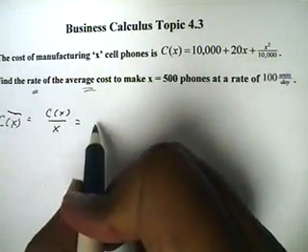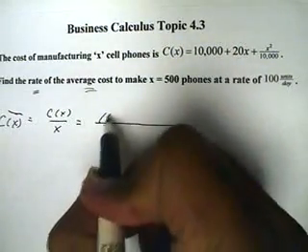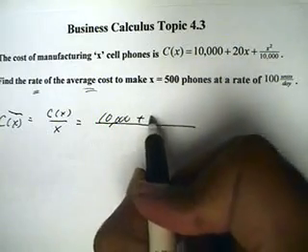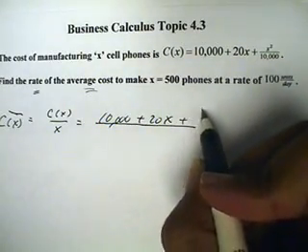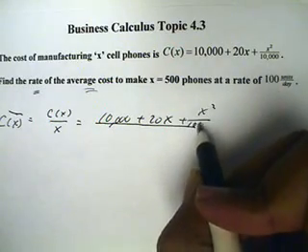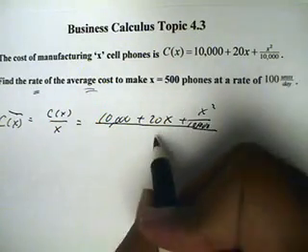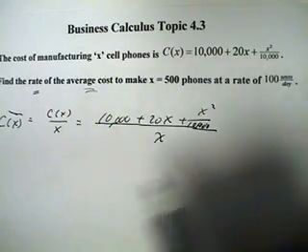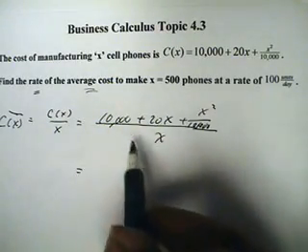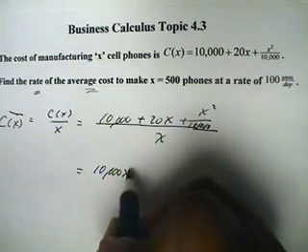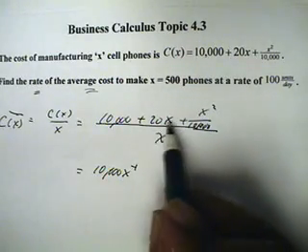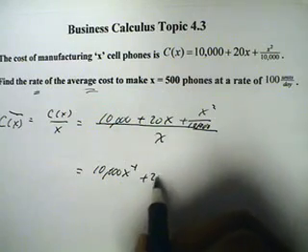So let's find the average cost function, which is 10,000 plus 20x plus x squared all over 10,000. We're going to divide all that by x. So 10,000 over x is the same thing as 10,000 x to the negative 1 power. 20x divided by x will be 20.